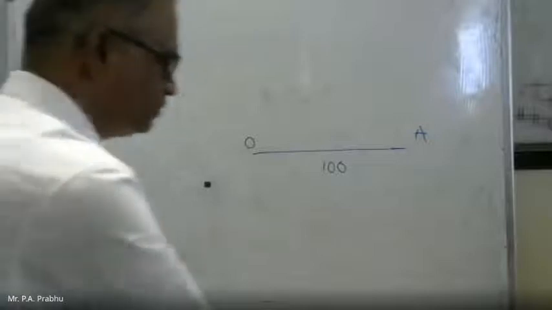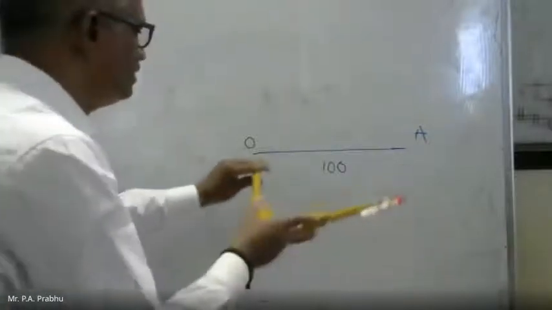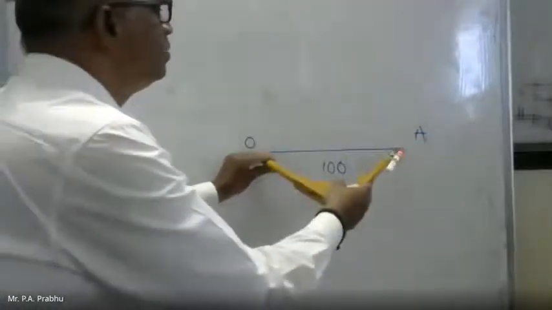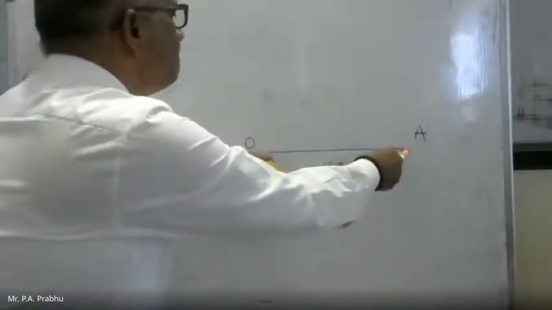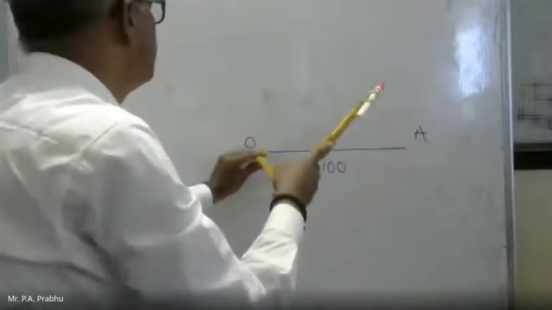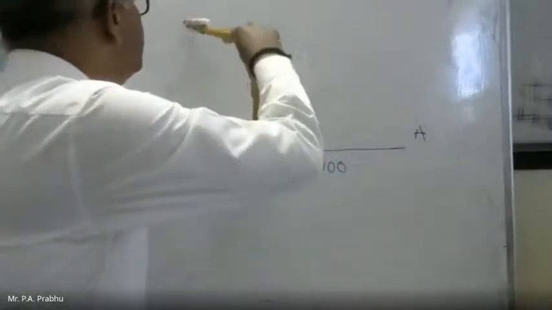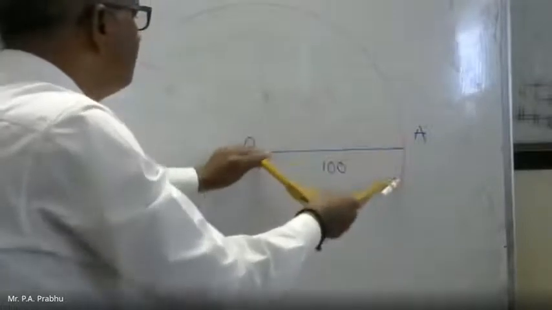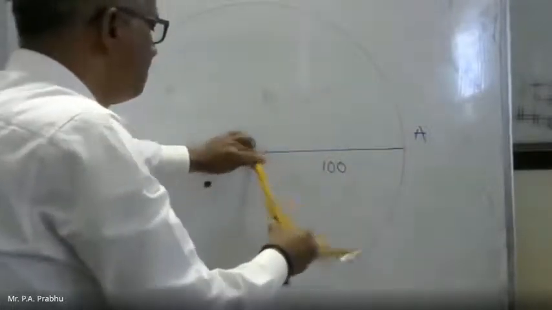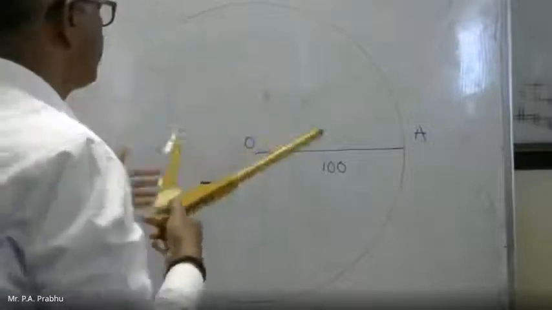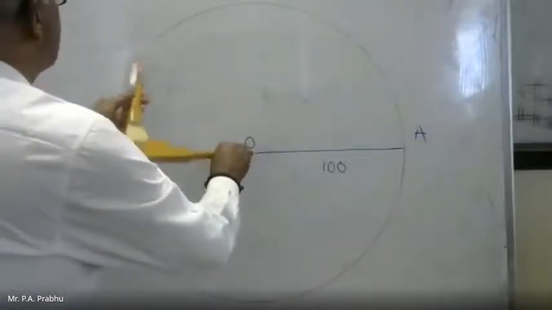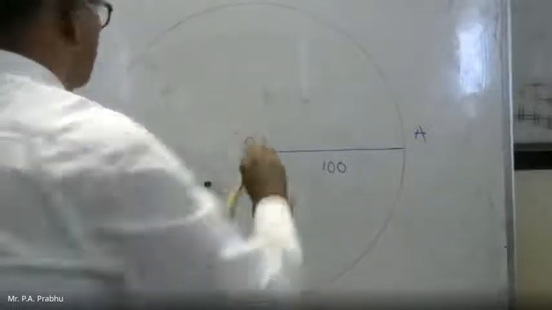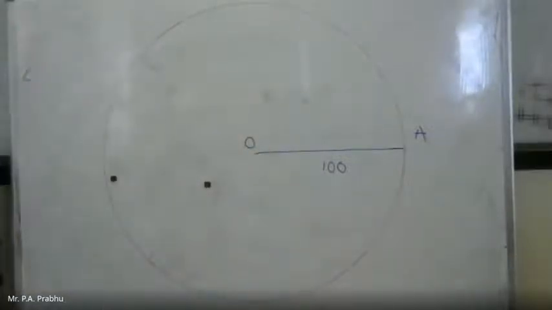Then second step, complete a circle, take O as a center, OA as a radius, and complete the circle with a radius of 100 mm.